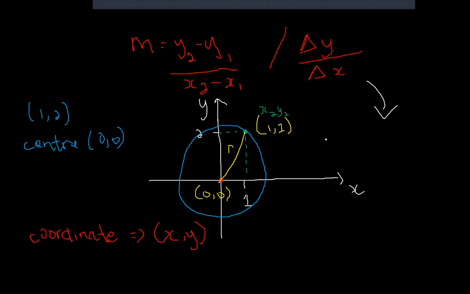Now to substitute the values. The formula states y2 minus y1 over x2 minus x1. We said that we want y2 to be 2, so I'll just write 2 here, minus y1 would be 0, divided by x2 is 1, and x1 is 0, so that's minus 0. 2 minus 0 is 2, and then 1 minus 0 is 1.